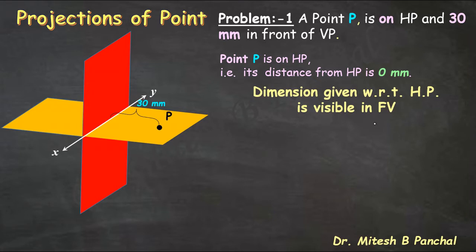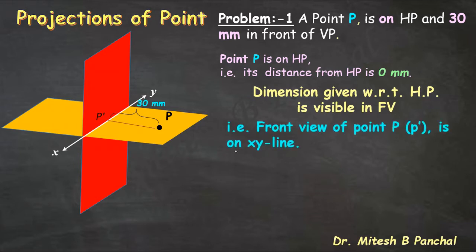So here front view of a point P is at 0 mm from XY line. Means front view of point P, that is P dash, is on XY line. So here you can see that when you are viewing the point P from this front direction, you will get P dash on XY line.